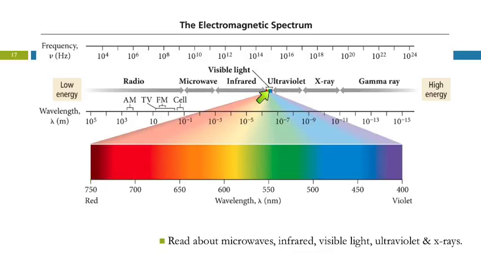The red light belongs here relative to the others. We just pulled this apart so we can see it. But red light is in here. Microwaves are actually lower in energy than visible light. Infrared is below red, and ultraviolet is above violet, if that helps you remember. Any questions?